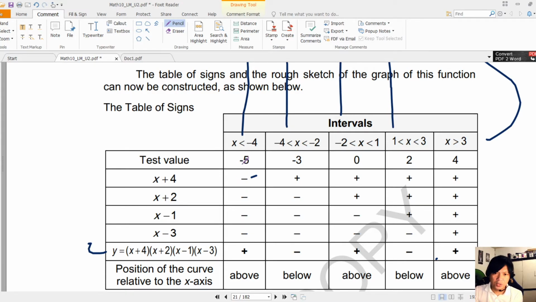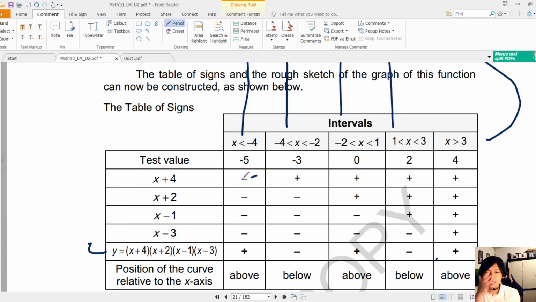Now, sir, do we have to substitute negative 5 dito sa lahat? Actually, no need na. Kasi since alam naman ninyo yung sign ng each factor dito, so pwede nang i-multiply na lang natin itong mga sign para makuha natin yung sign ng ating polynomial function.